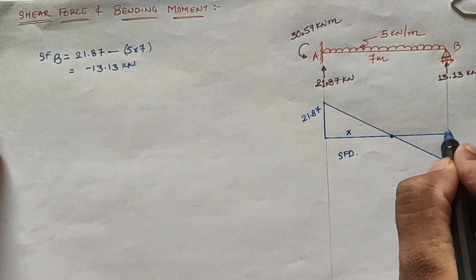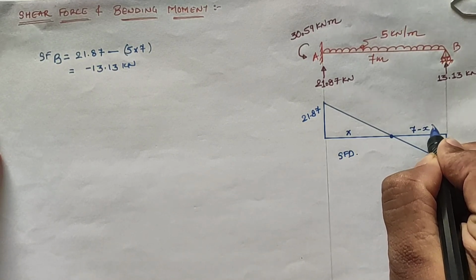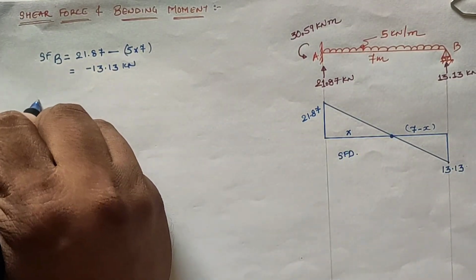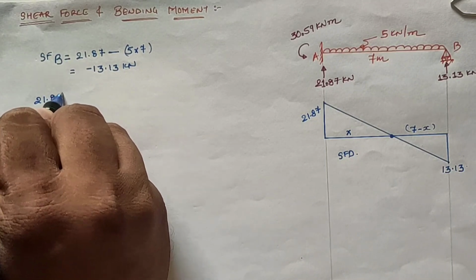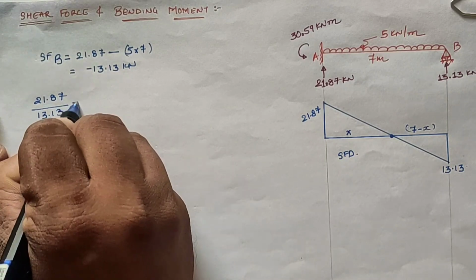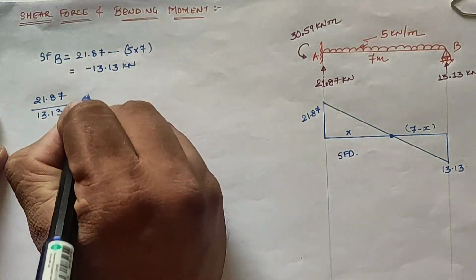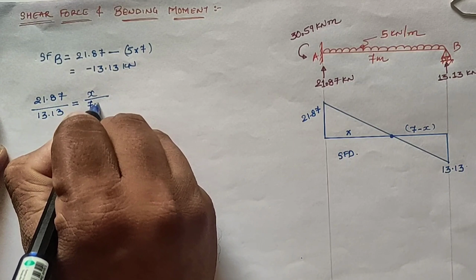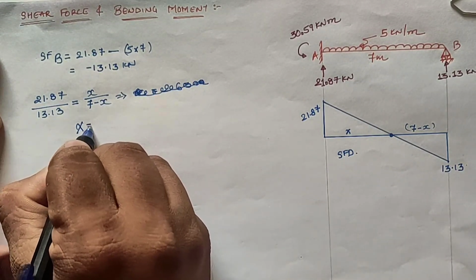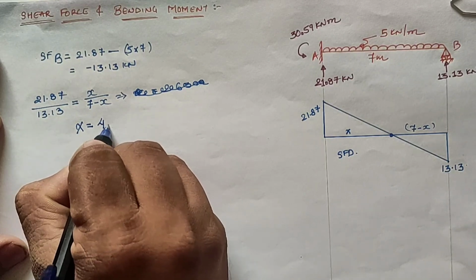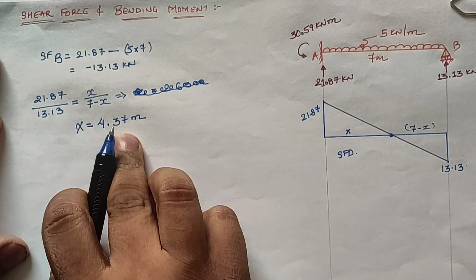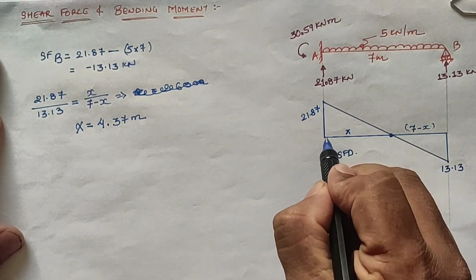The rest is 7 minus x. Now using the similar triangle rule, we have 21.87 divided by 13.13, which is equal to x divided by 7 minus x. Now solving this, we will have the x value as 4.37 meter from the left hand support.